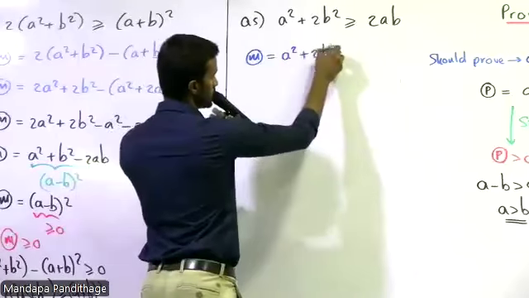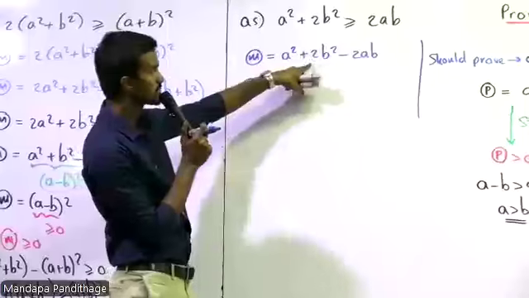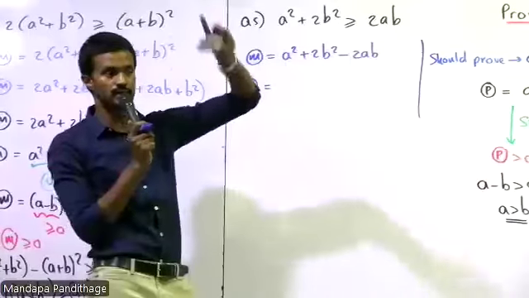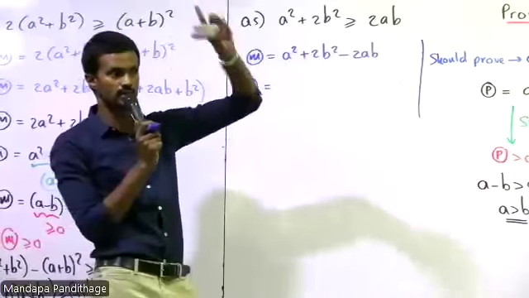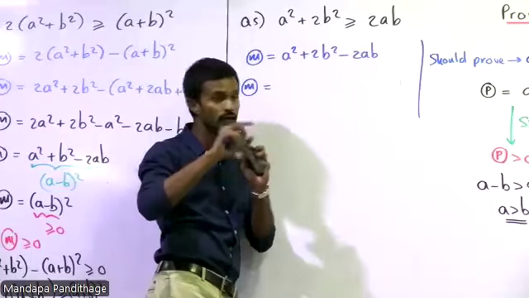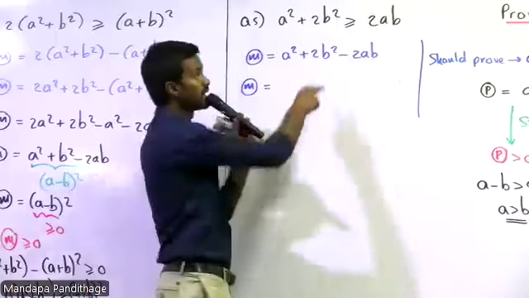So the term that is restricting you from showing that this is positive is this term. So how do I take out this minus 2ab term by putting it inside a square? In every one of these problems, how did I take out this minus 2ab term by putting it inside a square?